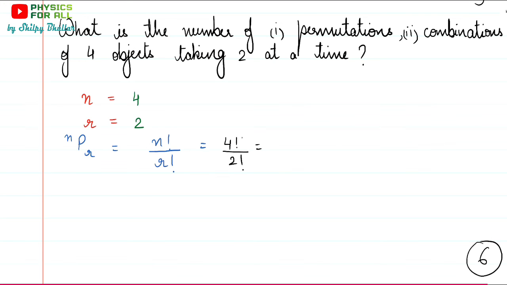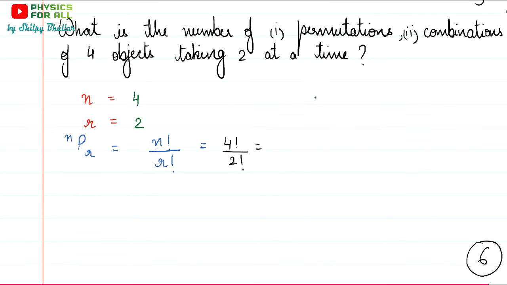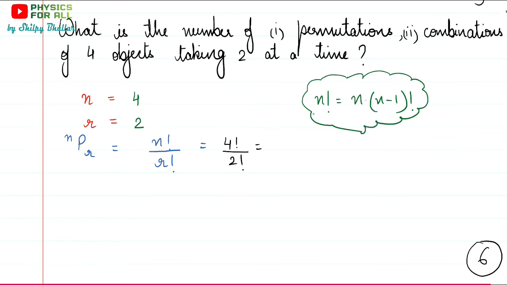Now you know how to solve factorial. We have this formula that whenever you have n factorial, that is equal to n into (n minus 1) factorial. This is the formula that we always use till we obtain the value 1. As we know, 0 factorial is 1, so we have to use this also.